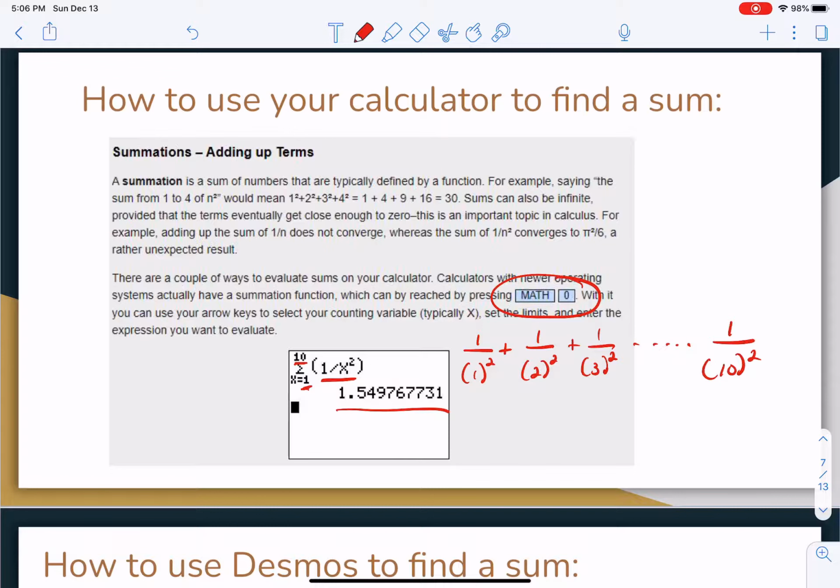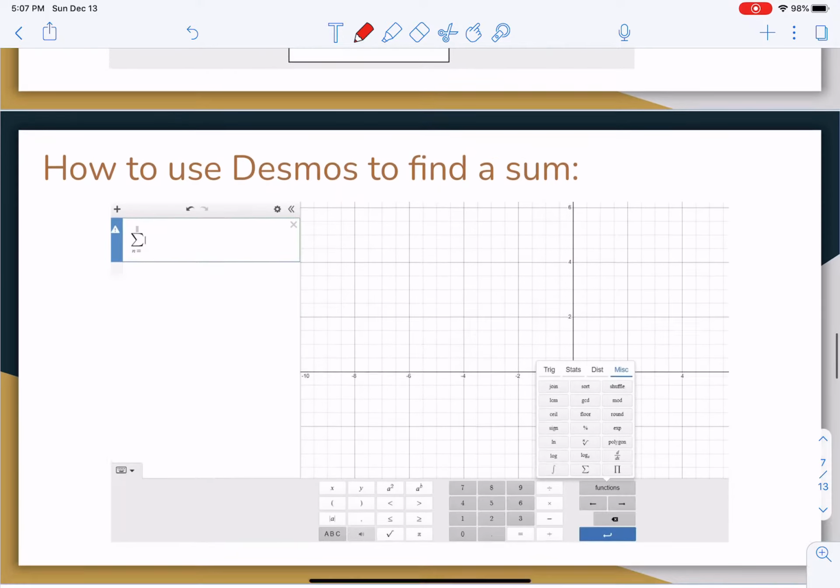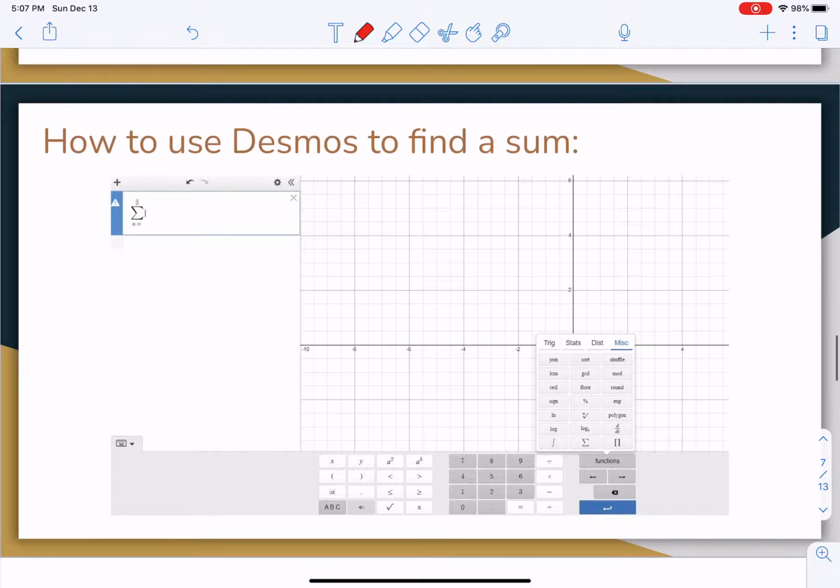If you're not on your Chromebook, or you don't have access to a TI calculator, another option is using Desmos. And if you're going to go into Desmos, you can click on the Functions button, and then Miscellaneous, and then the summation button.